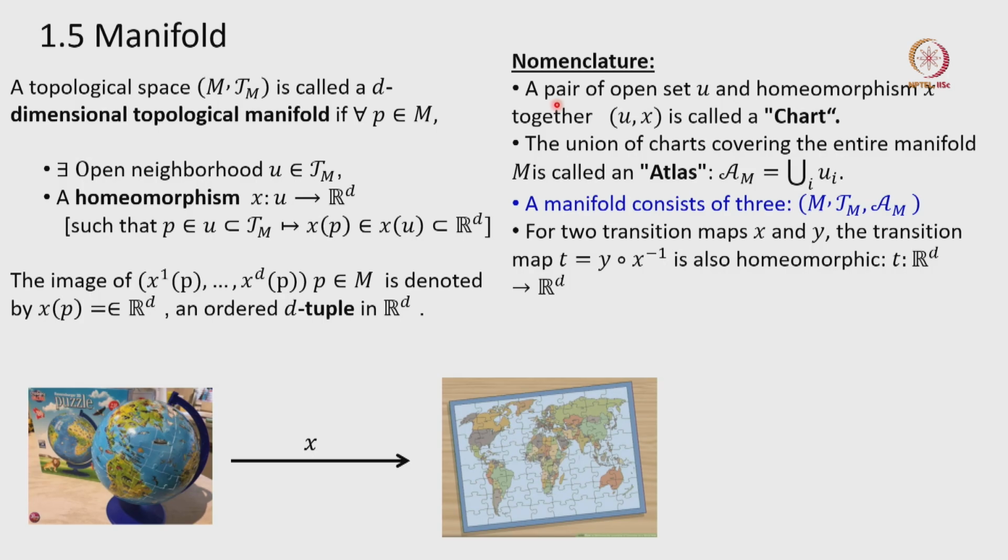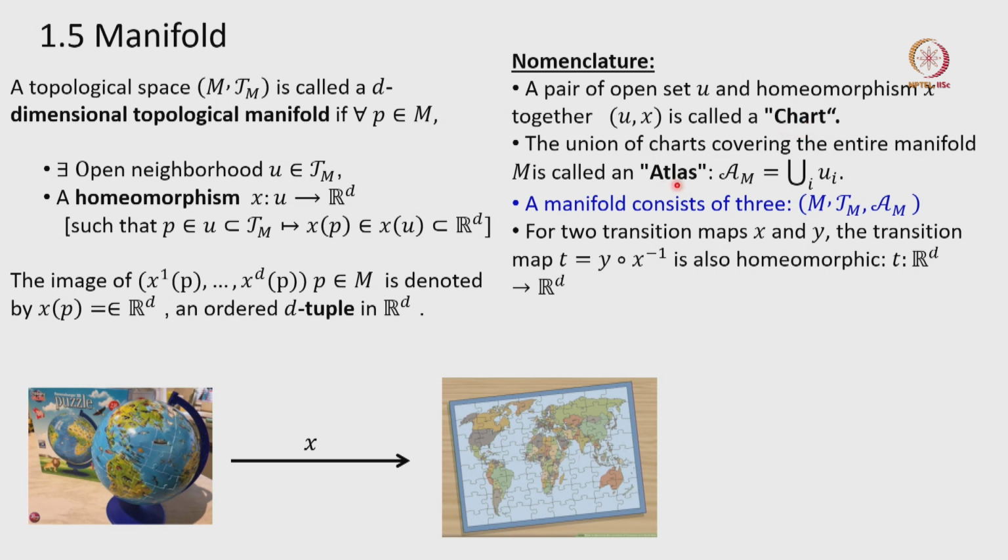A manifold is more than a topological space: for every open set there should be a homeomorphism map to R^d, and each of these maps is called a chart. And a manifold must be made of a union of all these charts, which is like an atlas, and charts are like this flat coordinate system, if you like.